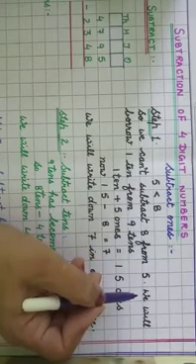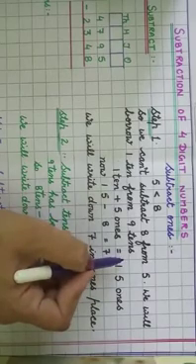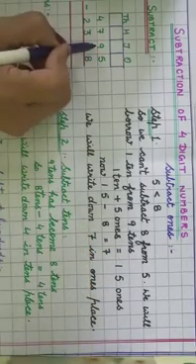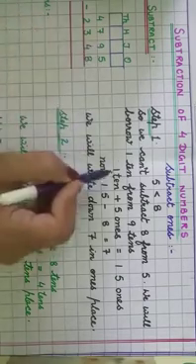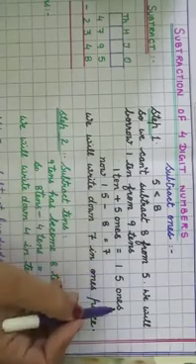What will we do? We will borrow 1 ten from the 9 tens. So 10 plus 5 ones is equal to 15 ones.